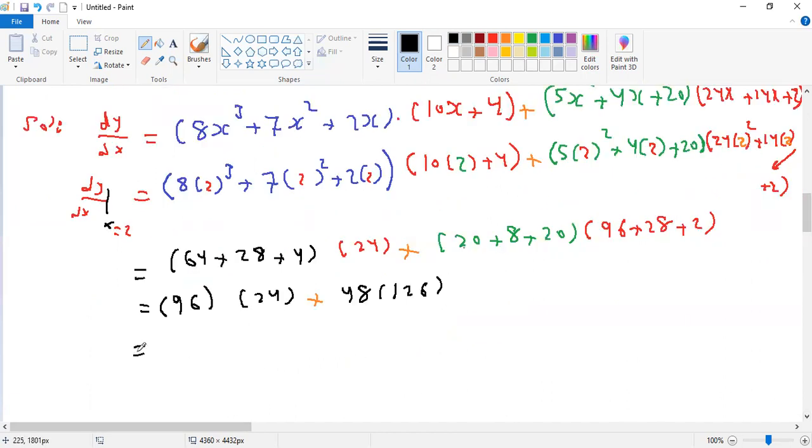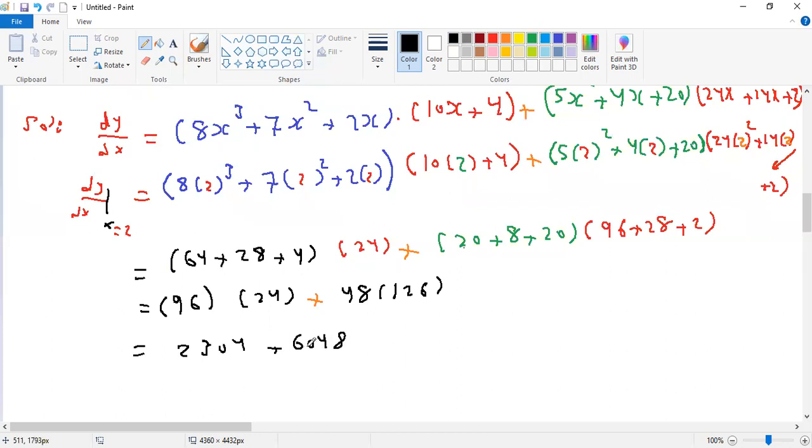So now we have 96 multiplied by 24. 96 by 24 is equal to 2,304, plus the second one, 48 times 126, which is equal to 6,048.